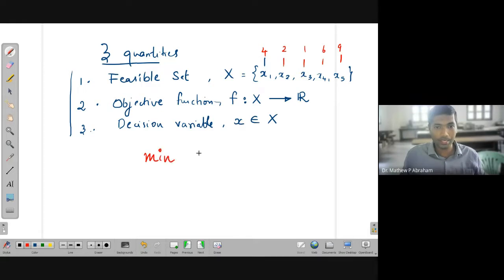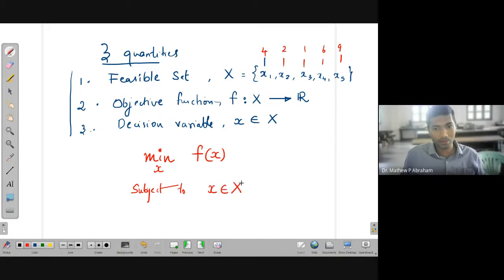So we need to minimize the objective function f, and f is a function of the decision variable x, because f is a mapping from capital X to R, and this decision variable belongs to capital X. So minimize the objective function f of x, and we generally write the decision variable below the minimization like this, subject to the decision variable belongs to the feasible set.